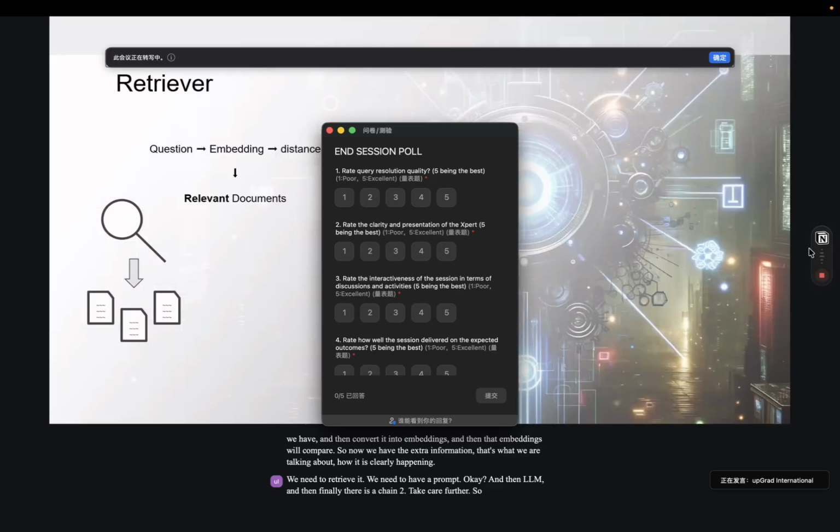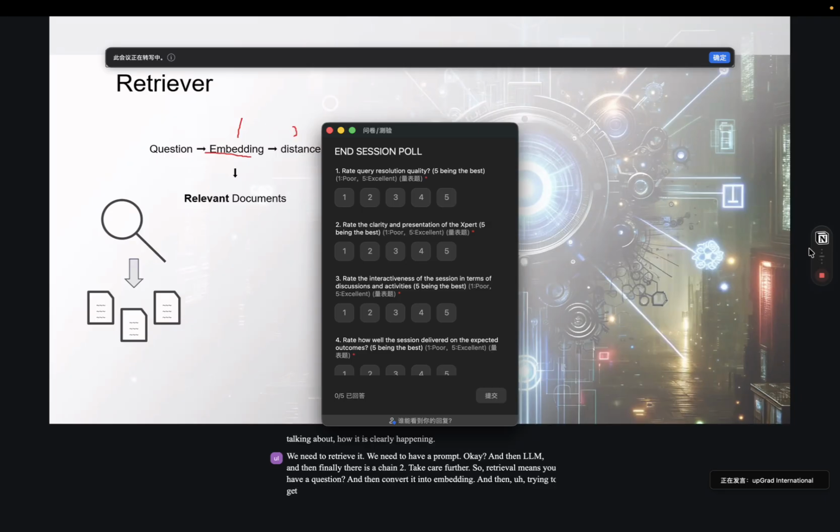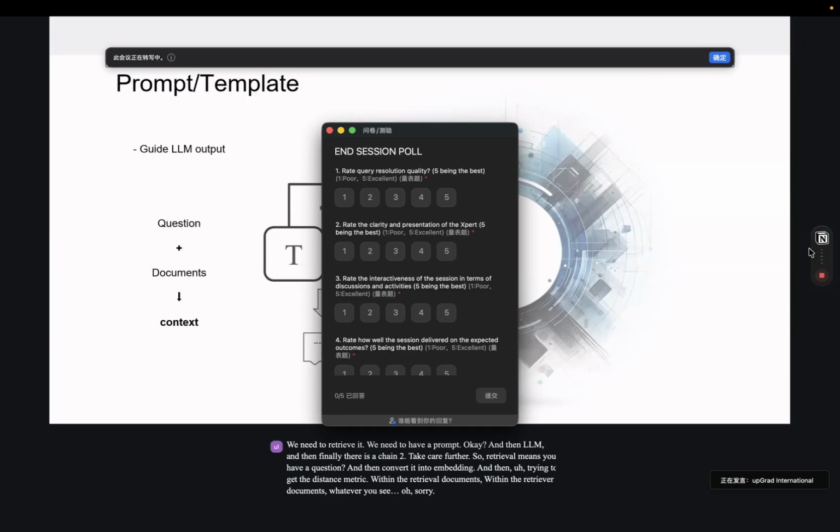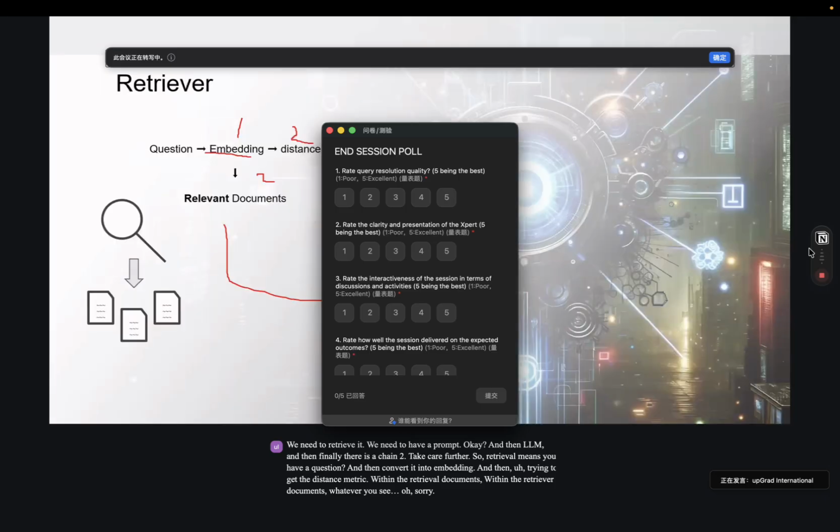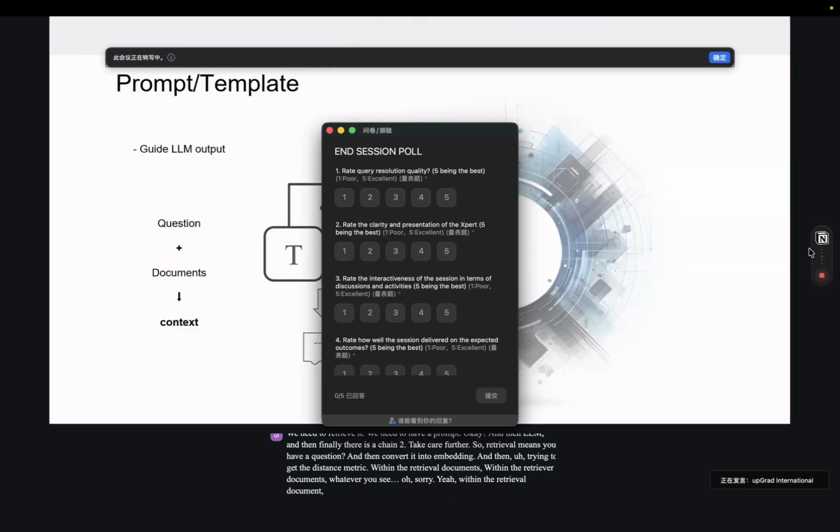Retrieval means you have a question, you convert it into an embedding, and then you get the distance metric against the retrieved documents. Whatever we see within the retrieval documents goes into the prompt.